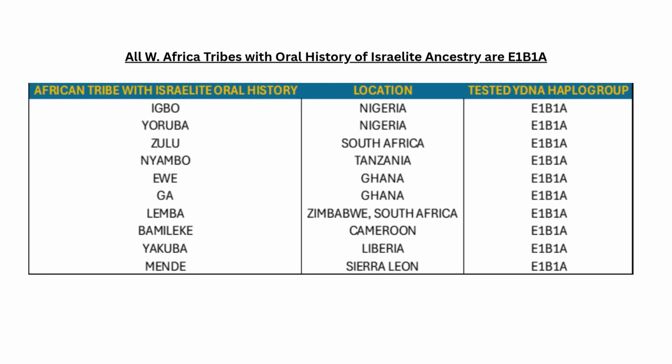And so everyone who's a descendant of Jacob has to have the same Y-DNA haplogroup. Very important to remember this as we get into some of the various other haplogroups of people of European ancestry who claim to be from the tribe of Yehuda.